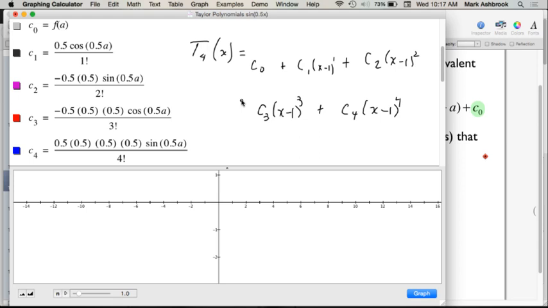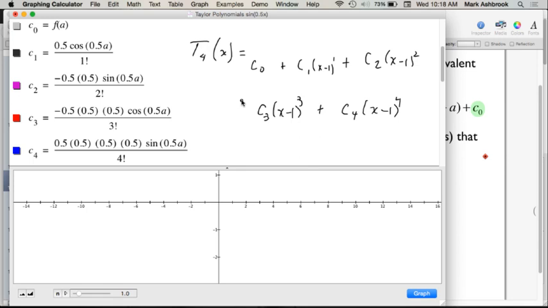So what is this? This is a polynomial, right? And this polynomial will approximate sine of 1/2 x at x equals 1 for up to how many derivatives correct? How many derivatives will it get correct?